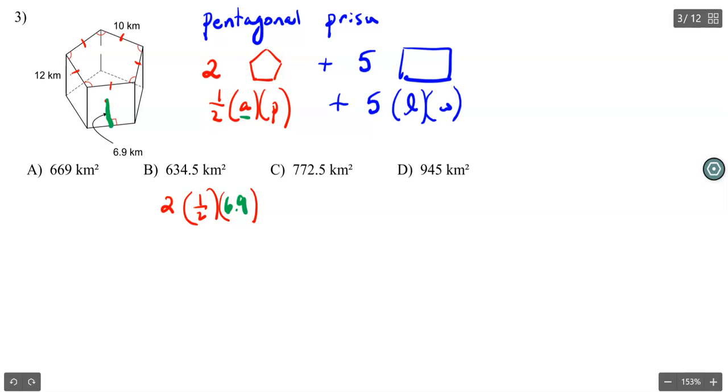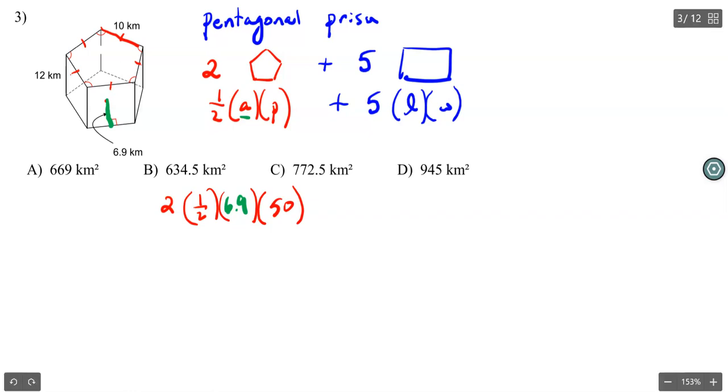So I have to figure out how far it is all the way around. Since every single side is 10, they tell me right up here that that's 10, I have 5 of those. So the perimeter is going to be 50 all the way around. So that knocks out the top and the bottom.